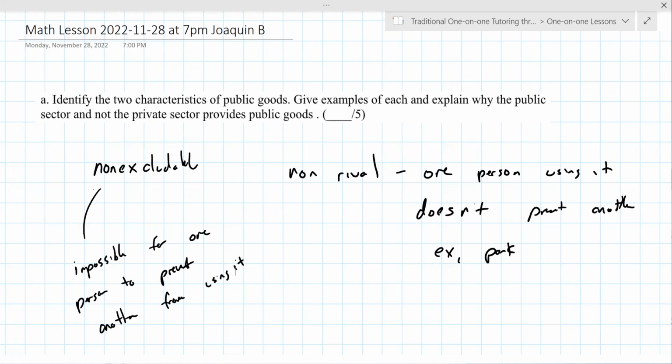I'm trying to think of a better example. Like fishing. If you went fishing and caught all the fish, that prevents me from using it. So fishing is not non-rival, but we're trying to think of things where the fact that one person is there doesn't mean another person can't use it.